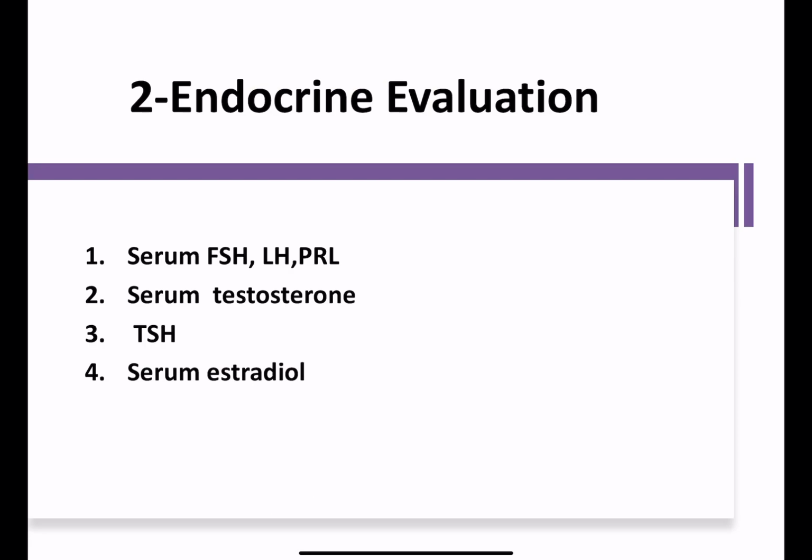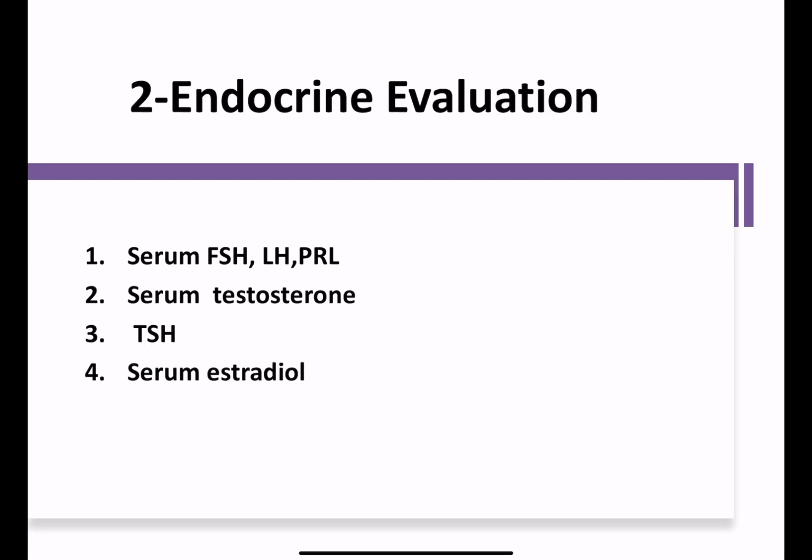If the semen analysis reveals something abnormal like azoospermia, we should do endocrine evaluation. The endocrine evaluation includes serum FSH, LH, and prolactin. By this, we can see the cause of azoospermia or severe oligoasthenospermia. If FSH and LH are very low, it is called hypogonadotropic hypogonadism, like Kallmann syndrome.